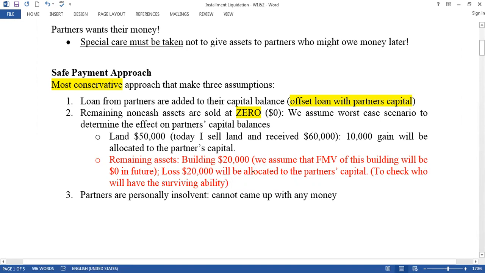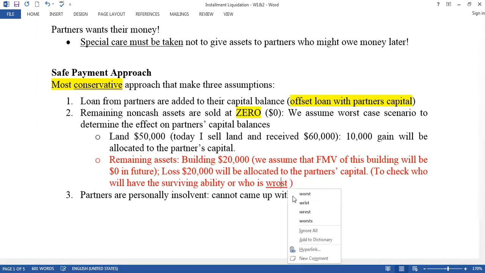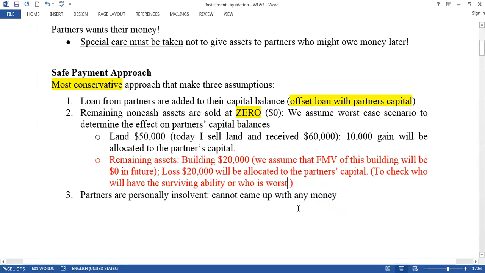We are going to allocate this loss to the partners' capital to see who will have the surviving ability, and we are going to figure out who is the forced partner.